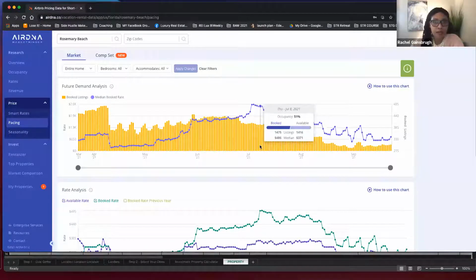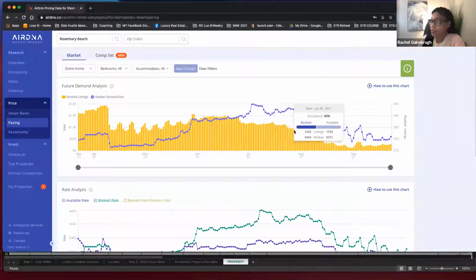This right here is case in point. You have properties that seem to be a little bit mismanaged to me. They're not really optimizing, they're not really utilizing revenue strategies to gain as much revenue as possible. So for that reason, I would say just take it with a grain of salt if you encounter properties that do not seem to be profitable.